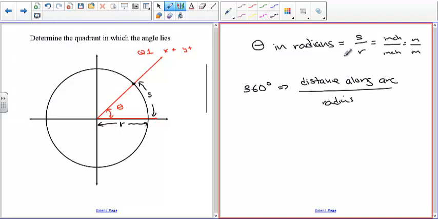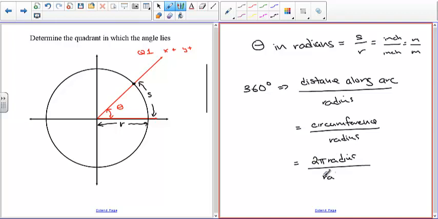That's just the definition of radians. Well, the distance along the arc is the circumference, and the denominator is the radius. And we know from previous experience that the circumference of a circle is 2 pi times the radius. So if you take 2 pi times the radius divided by the radius, you get 2 pi.